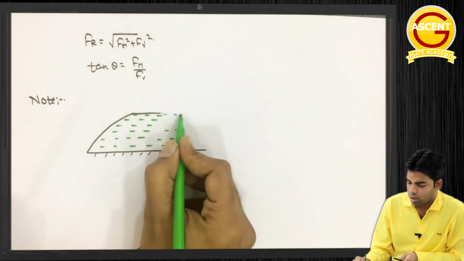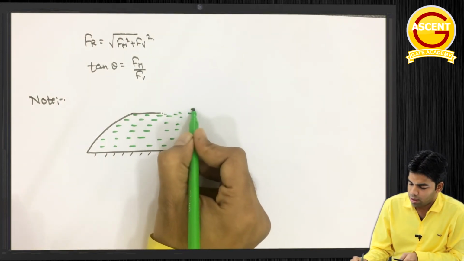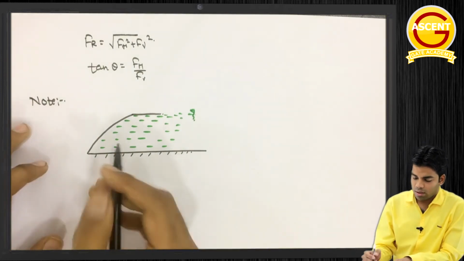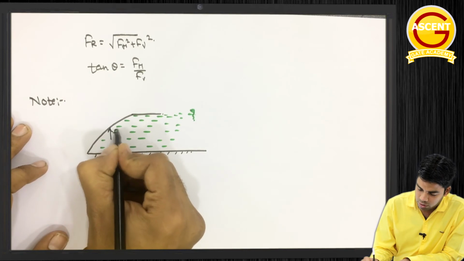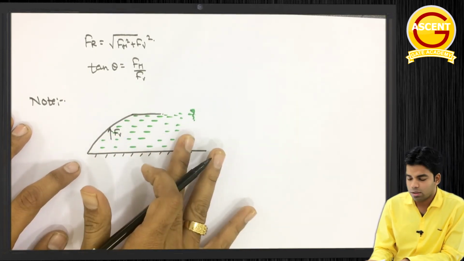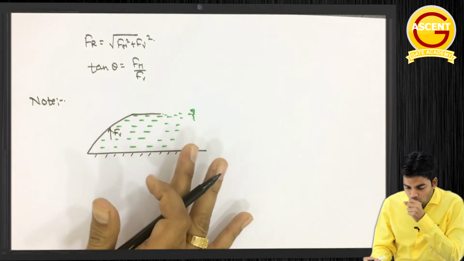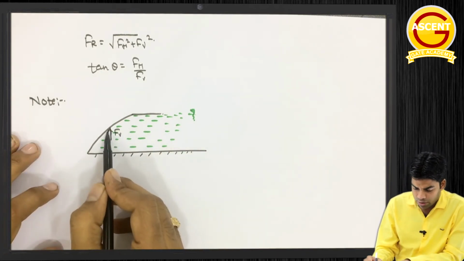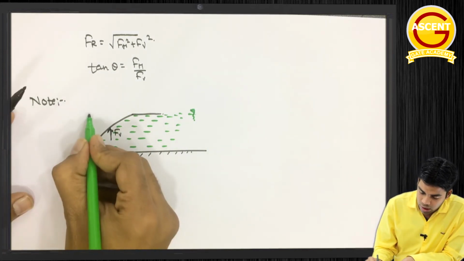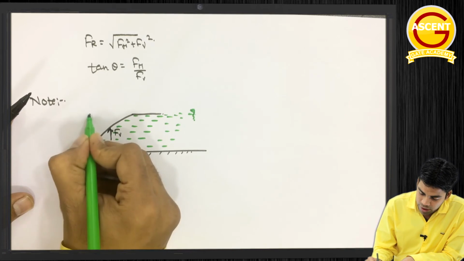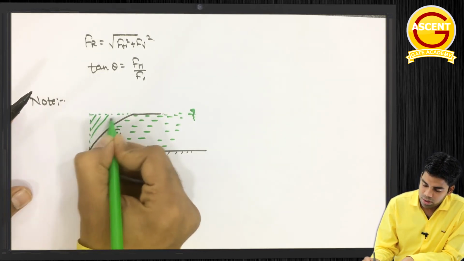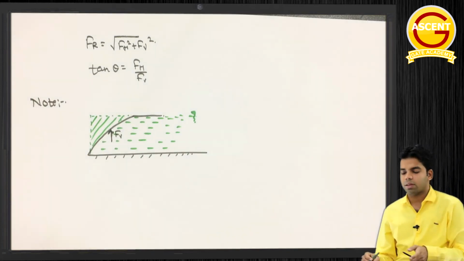So suppose we are having the free liquid surface same as that of the surface, so in this case this Fv, the vertical force, if the underside of this curve is subjected to water or hydrostatic pressure, the vertical force Fv is nothing but the imaginary weight of the liquid which is above this curved surface. Getting the point or not?